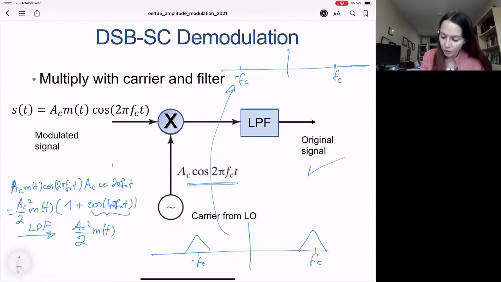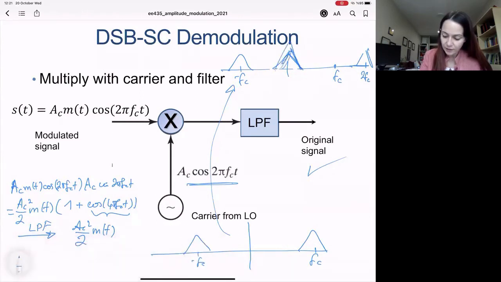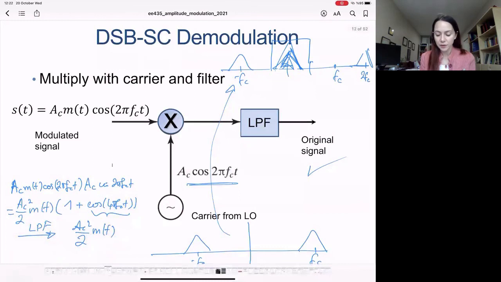So basically we have a copy at 2FC and a copy at 0, and we'll have a copy at minus FC and another copy at 0. So we have a double component at 0, and we're low pass filtering this one. I invite you to write this out mathematically in the frequency domain. I only sketched it.